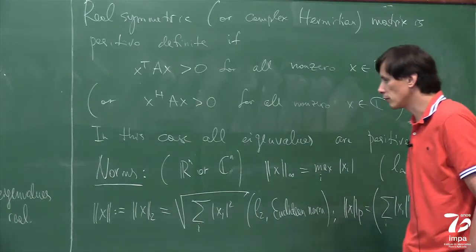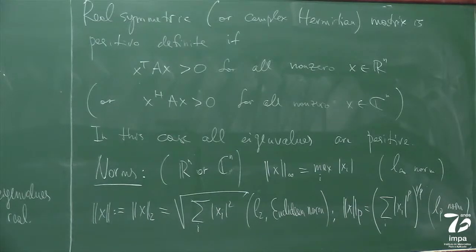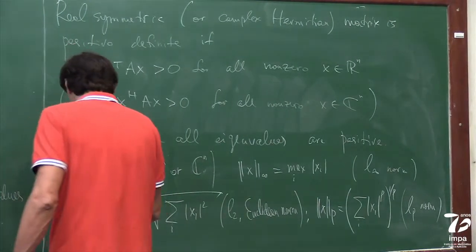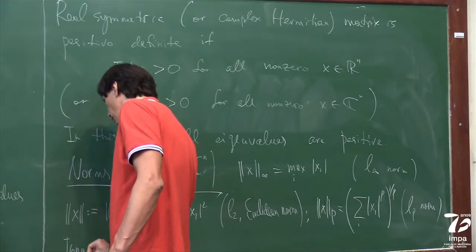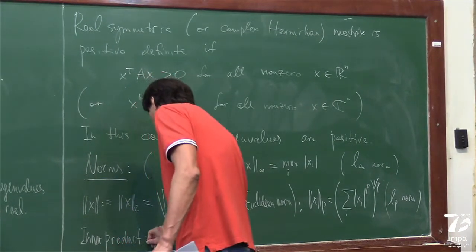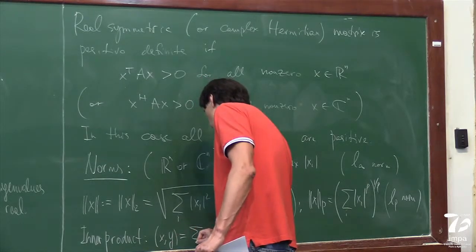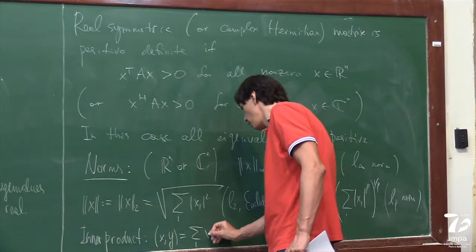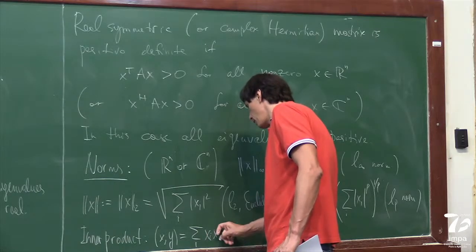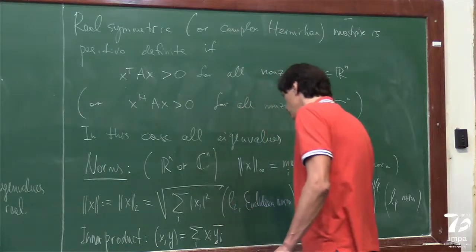So there are plenty of norms that you can consider. And also you can consider the inner product or scalar product. For two vectors, the inner product is a sum over all components of the product of x_i by y_i complex conjugate.